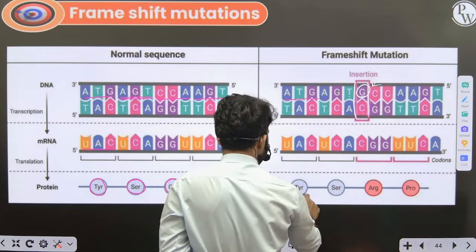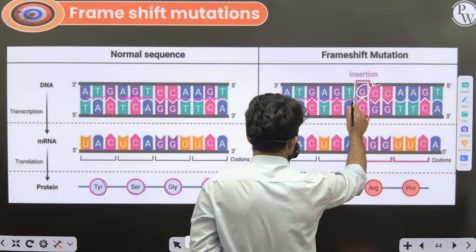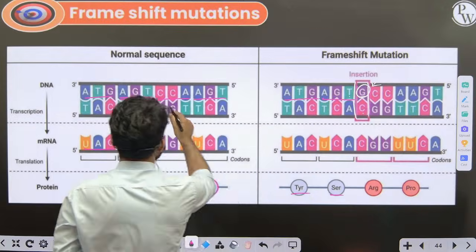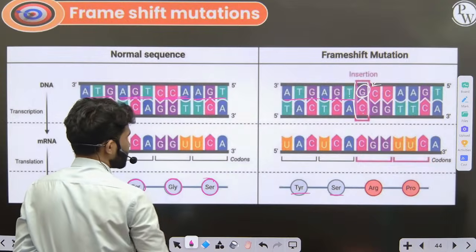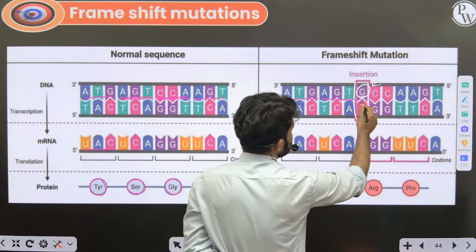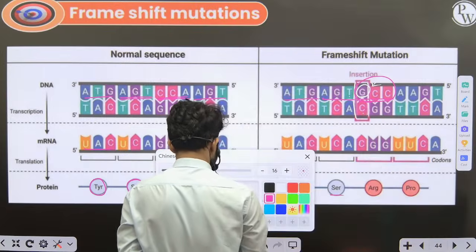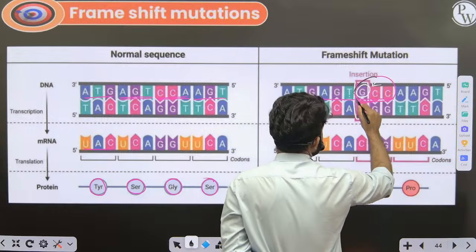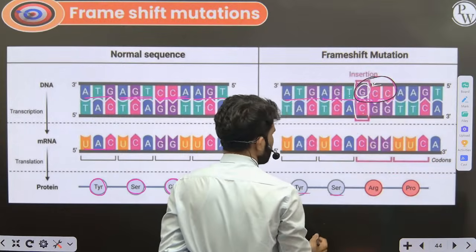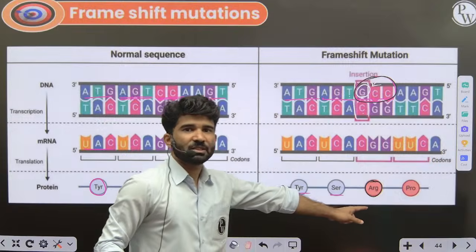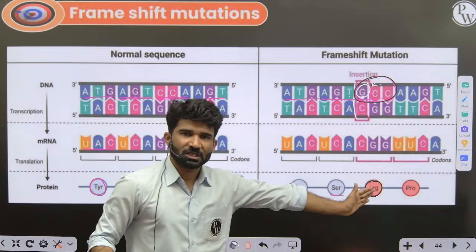ATG codes for tyrosine, same; AGT codes for serine, also same; but here it is PCA coding for glycine. The GCC will code for this, PCA codes for arginine. So the amino acid changes, the expression itself changes.